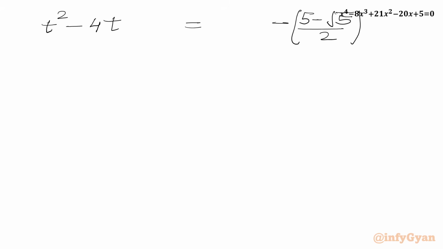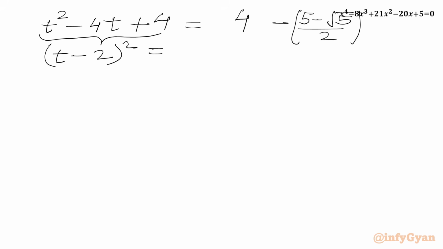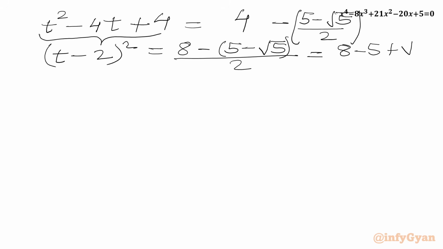Now we have to add 4 to both sides, so we will add 4 here also. Now LHS will give us t minus 2 whole square and RHS will be equal to 8 minus (5 minus root 5) over 2, which will be equal to (8 minus 5 plus root 5) over 2, which is equal to (3 plus root 5) over 2.